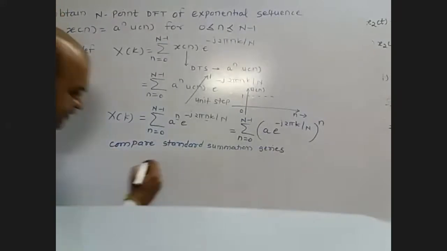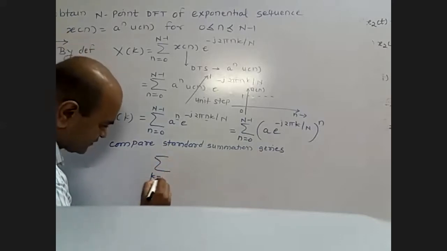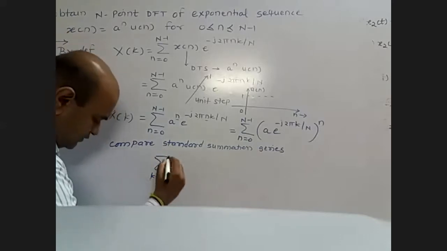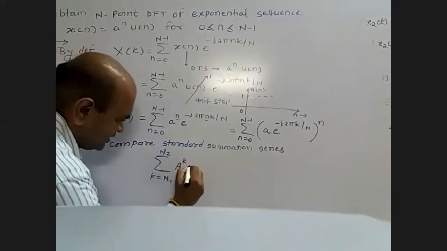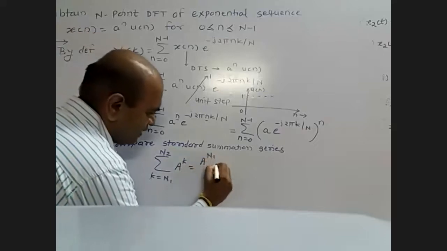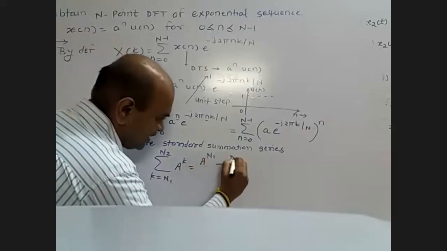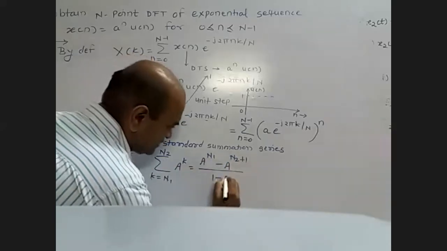I am giving you that formula: summation of k is equal to n1 to n2 a raised to k is equal to a raised to n1 minus a raised to n2 plus 1 upon 1 minus a.